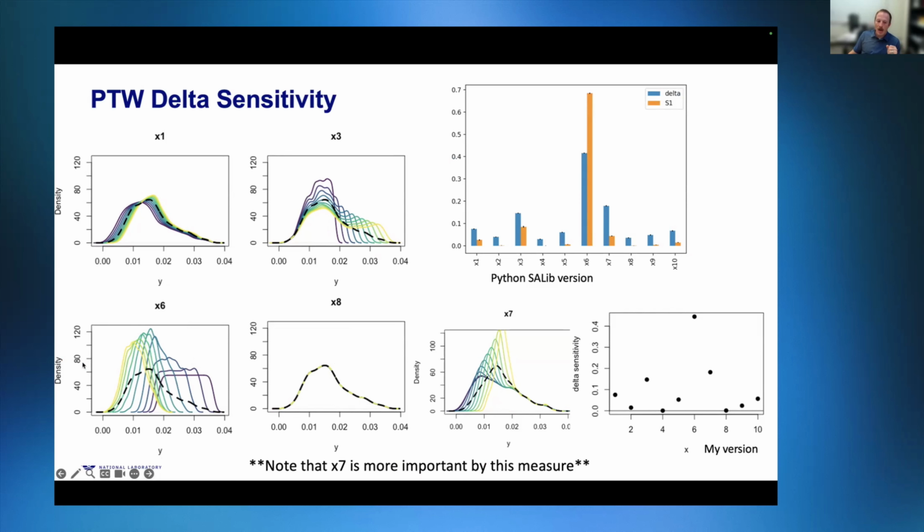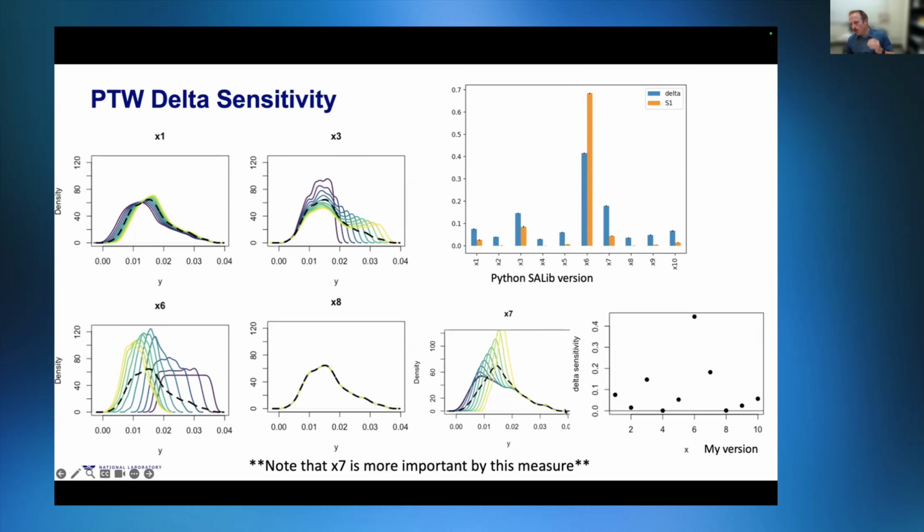For x6, it changes a lot. The differences between these lines as we've fixed x6 at different values and the dotted line here are pretty different. For x7, you see something interesting. You see this extra peakedness, but the same tail.